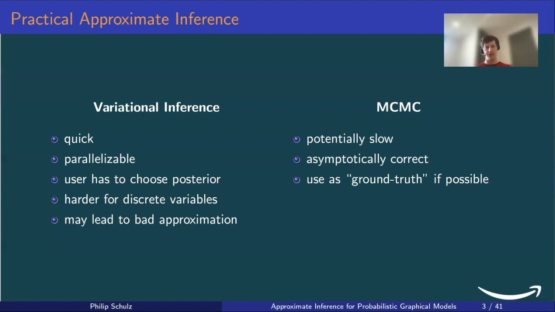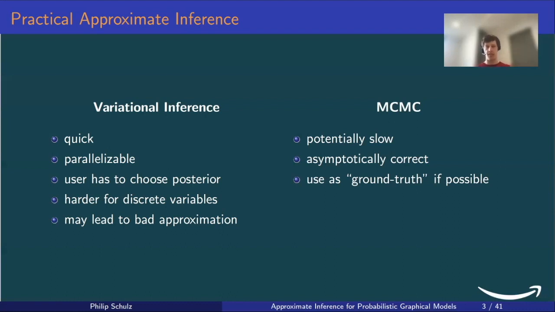Now, when I say long enough, the problem here is that nobody really knows what long enough is, right? So what we usually do as a heuristic, we just run these methods for as long as we can, and we cross our fingers that they have actually converged to the true posterior and that we are generating samples from the true posterior. But because of that, they can be painfully slow.